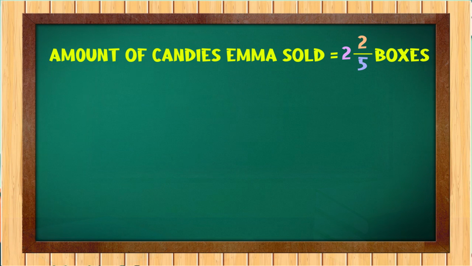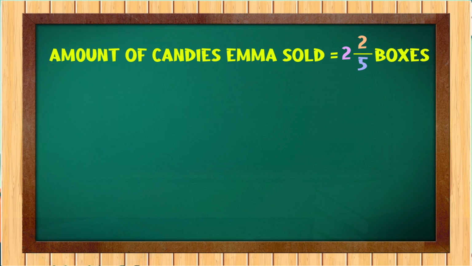There are 2 ways in which you can discover how many candies Ava sold. You can add 2 2/5 to 2 2/5, or you can multiply 2 2/5 by 2.